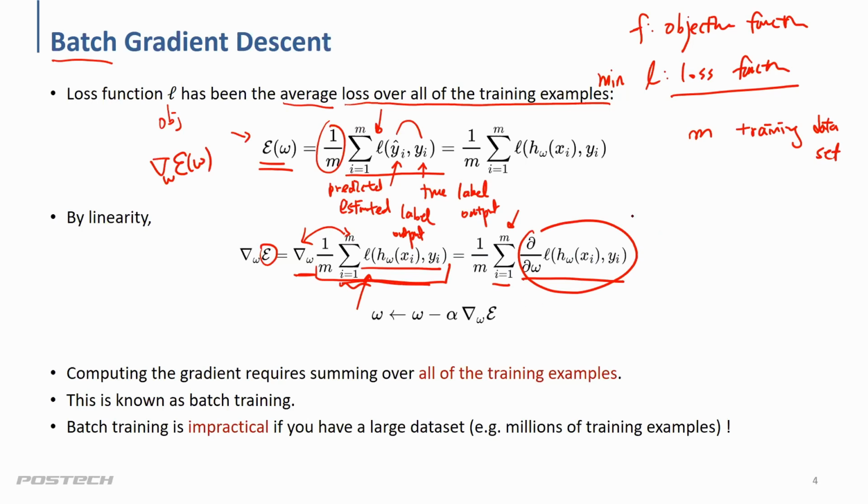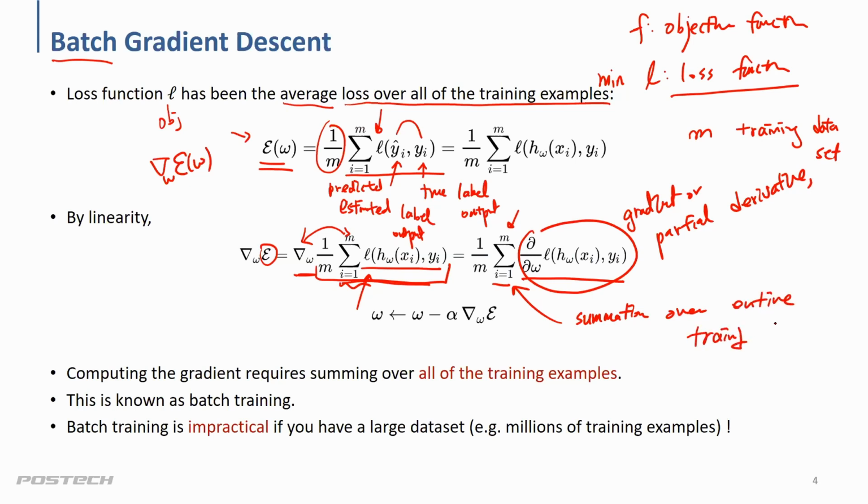So here we do the gradient, or partial derivatives, and then do summations over the entire training data points.